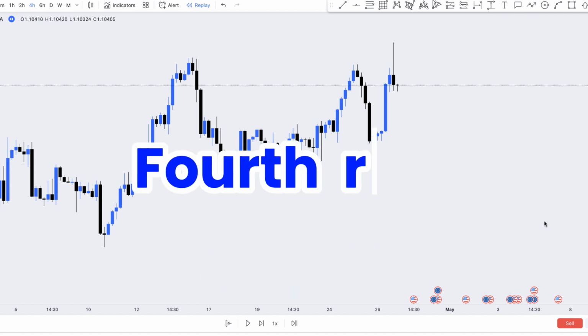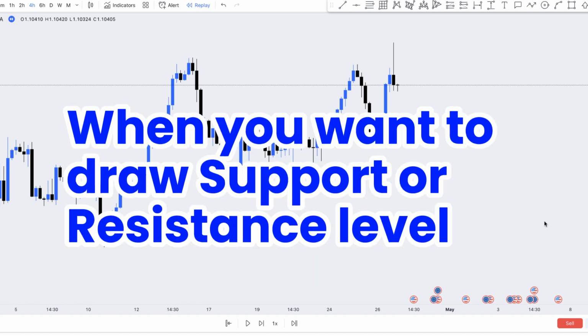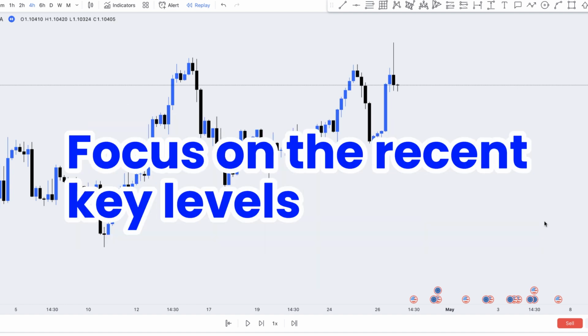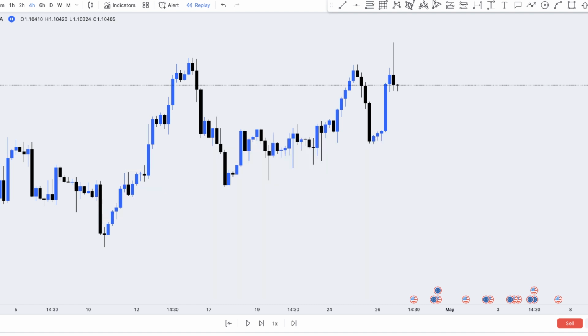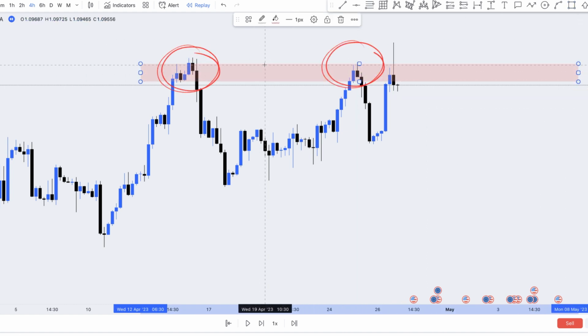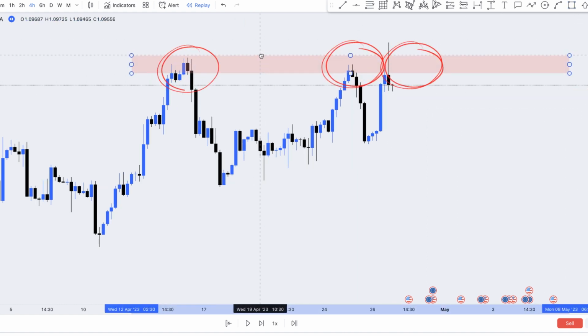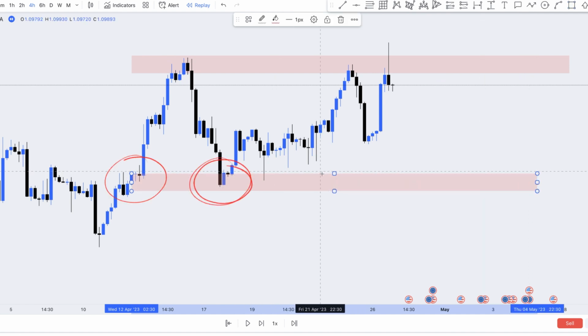Now the fourth rule we will talk about is that when you want to draw a support or a resistance level, focus on the recent key levels, or focus on where price is recently. So you can see this is the current key level, and this is where price is moving currently.